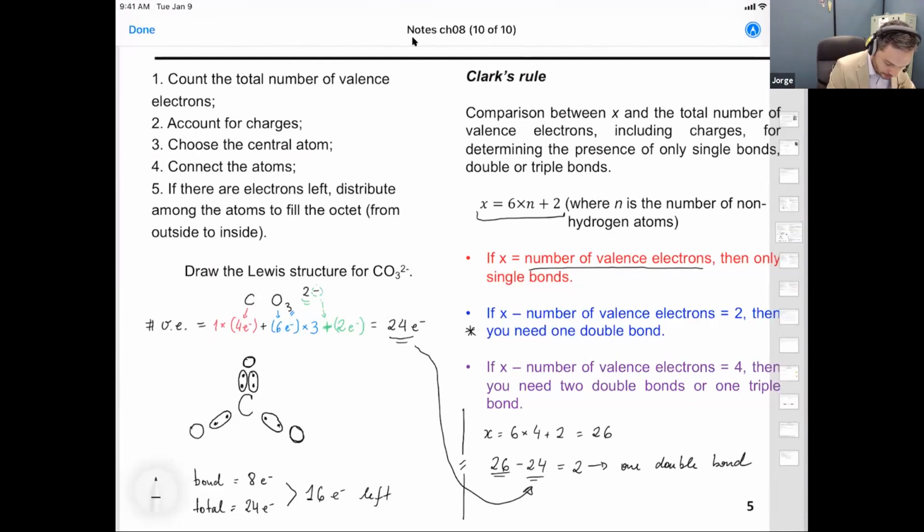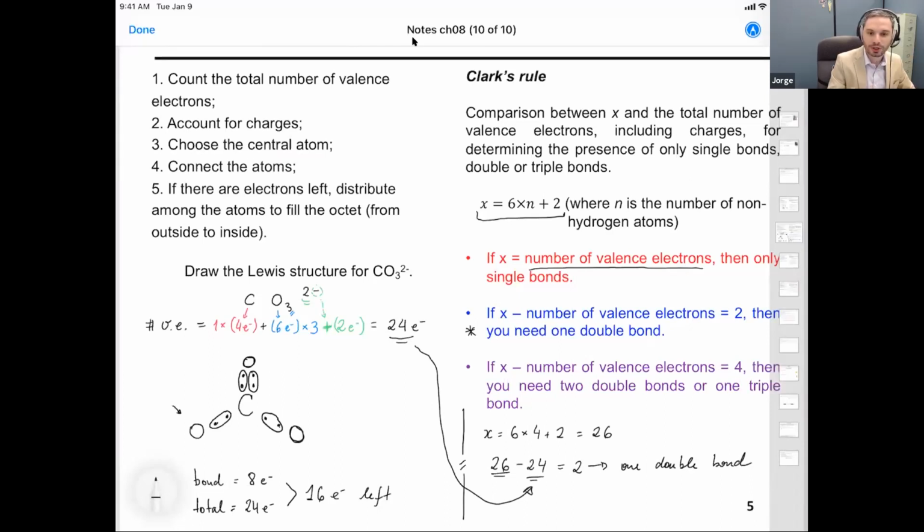Okay, so here is the strategy that I'm going to use to distribute the 16 electrons left. I'm starting with the oxygen here on the left corner. Count how many electrons this atom has and how many it needs to complete the octet.